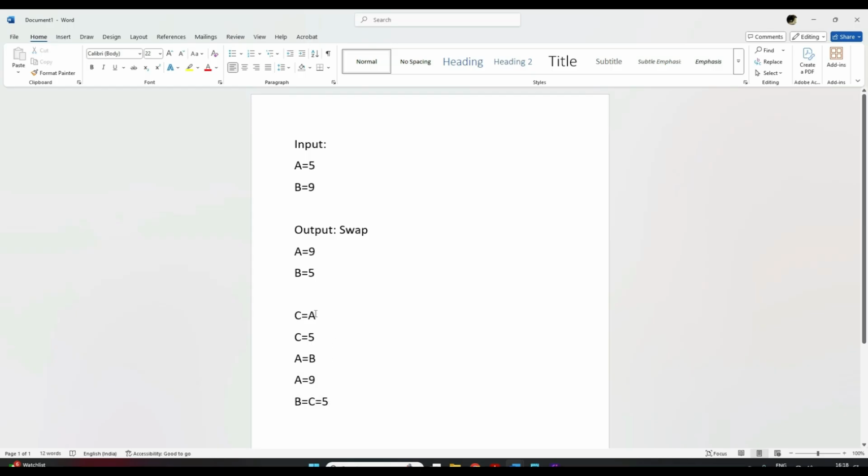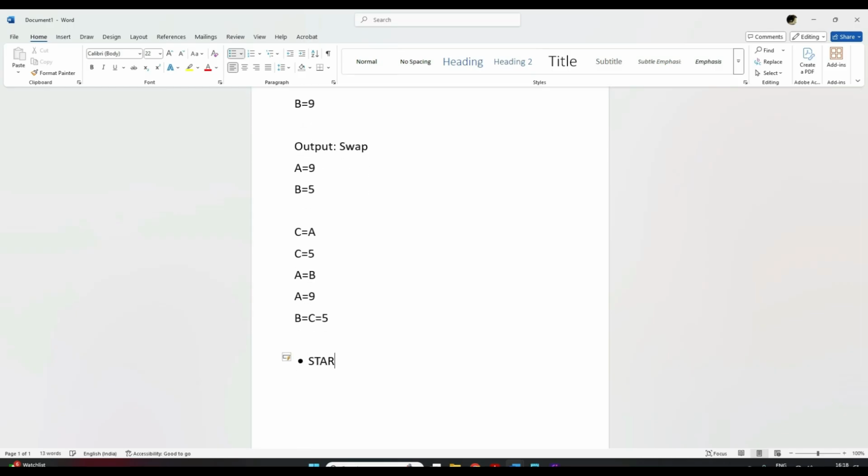Is it clear? Now let's try to write how you will write the algorithm for this. So your first step, as I said, will always be start, correct? Your second step is input two numbers and store in variables A and B. Now what will be your third?